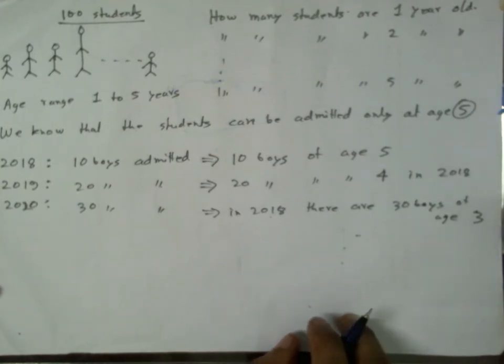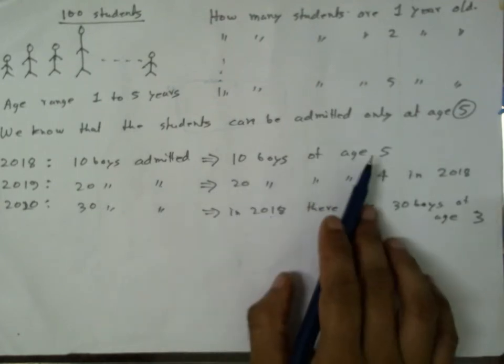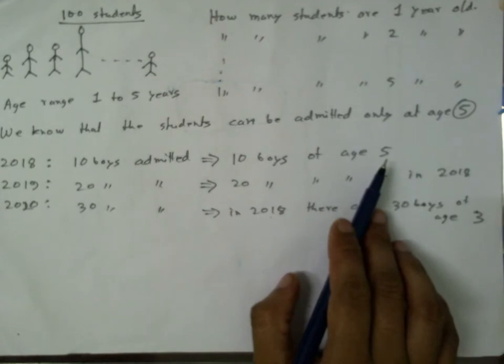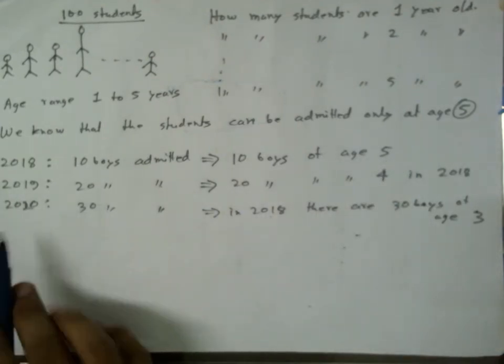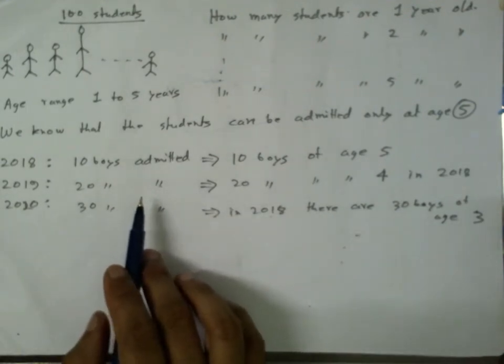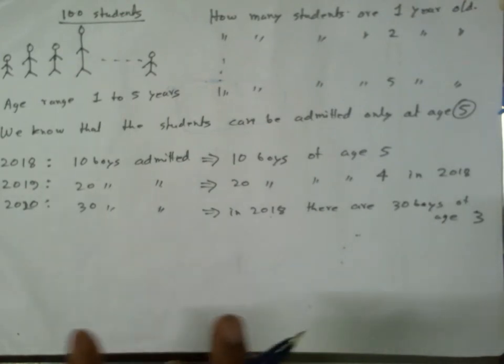So that's the idea. Because I can only identify the boys who are of age 5 and cannot distinguish between boys of age 4, 3, 2 and 1, I have no other choice than waiting for a few more years, and every year I identify a few more boys of a specific age.